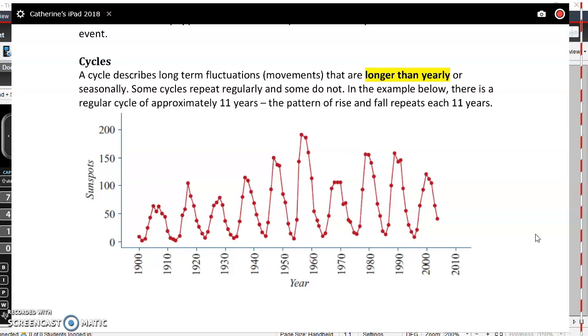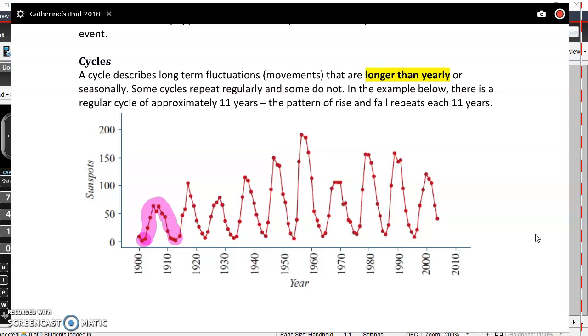Here's an example of sunspots, which happen approximately every 11 years. The pattern of rise and fall repeats every 11 years. If you look closely, just after 1900 it's fairly low. It goes up for a little bit, then comes back down again a bit after 1910.